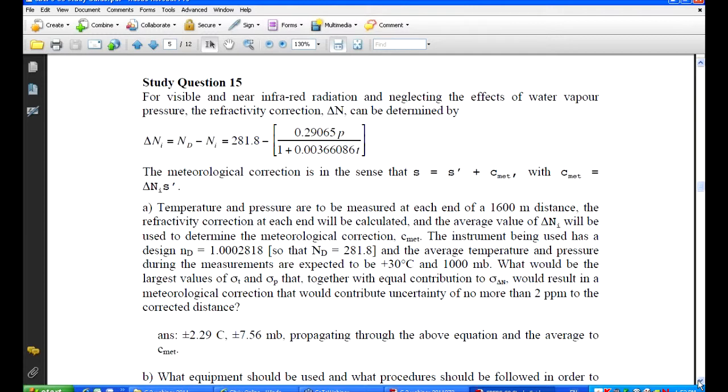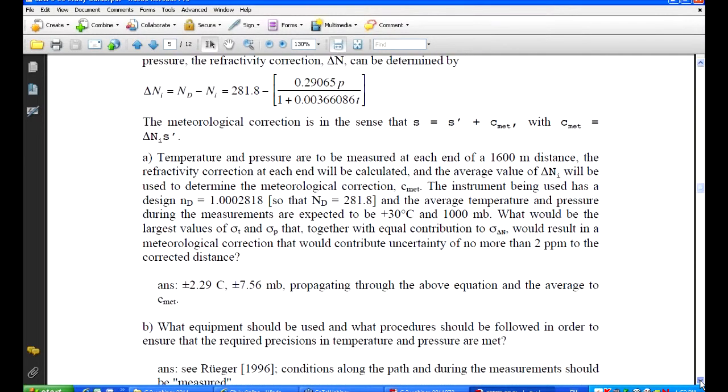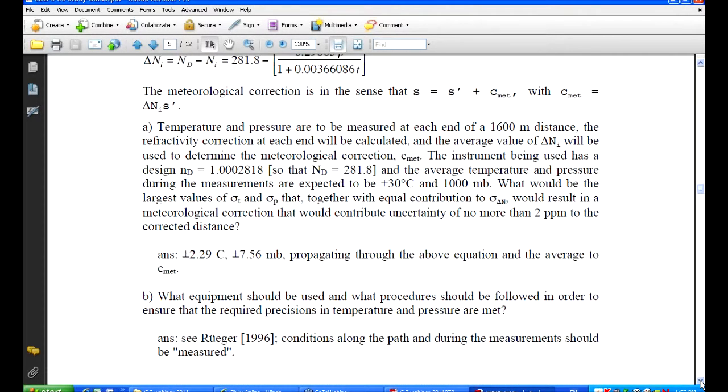And this is where this business of taking the average from the 2 ends would come into it. Well, let's go to the second part, and if you had to measure the temperature to within 2 Celsius degrees and the pressure within, say, 7.5 millibars, how would you do it?